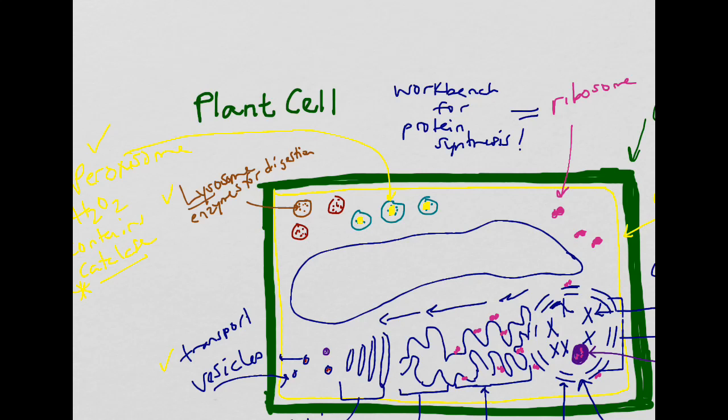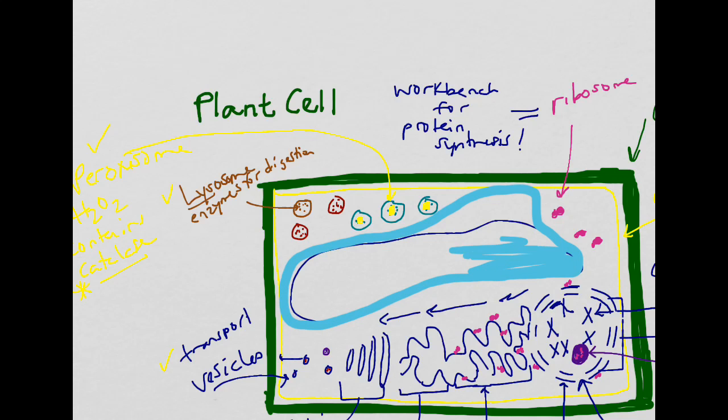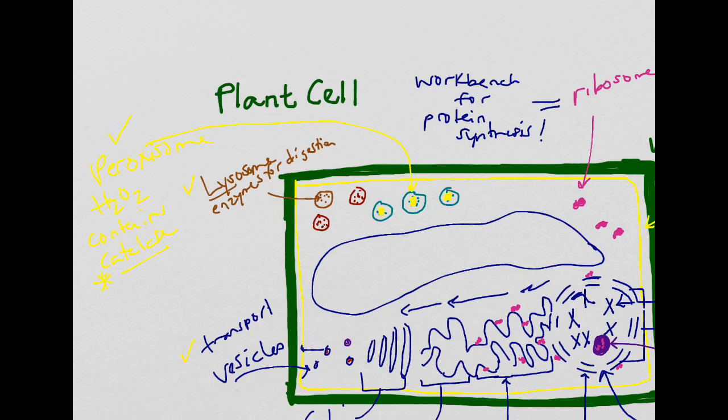Okay, we're going to need a lot of blue here for this. Let's get a nice light color blue. Okay, so the central vacuole is big, and it fills the space between the organelles, and its function is to hold water. Remember, I said that the cell wall in a plant is really like a weak cardboard box.